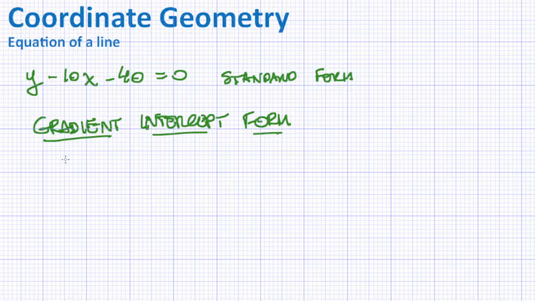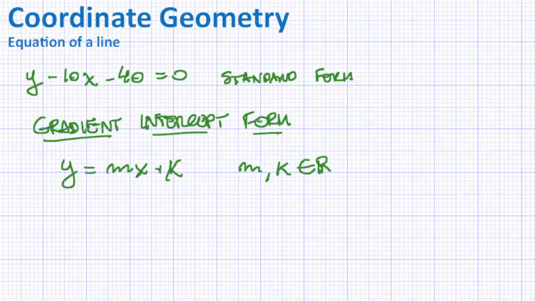It's simply y equals mx plus k. And again, m here is our gradient, so it's a constant, and k here is another constant. Both are real numbers.